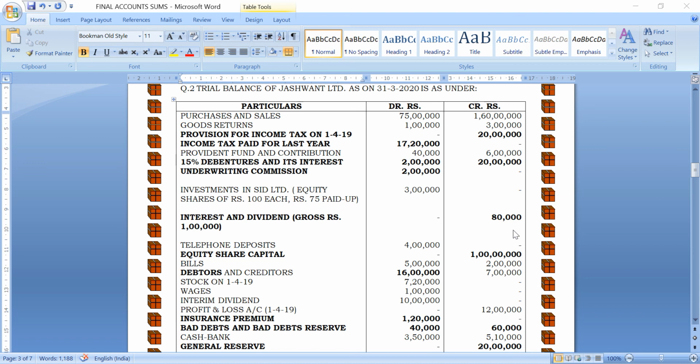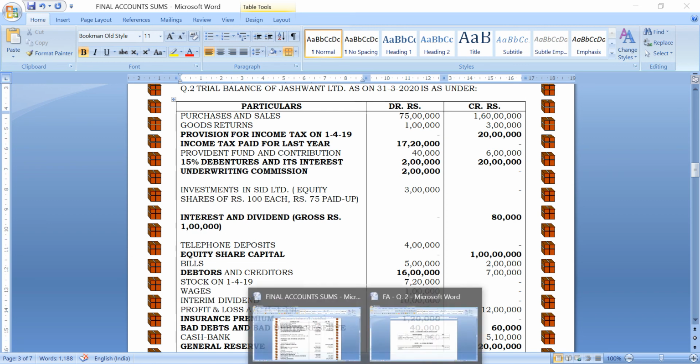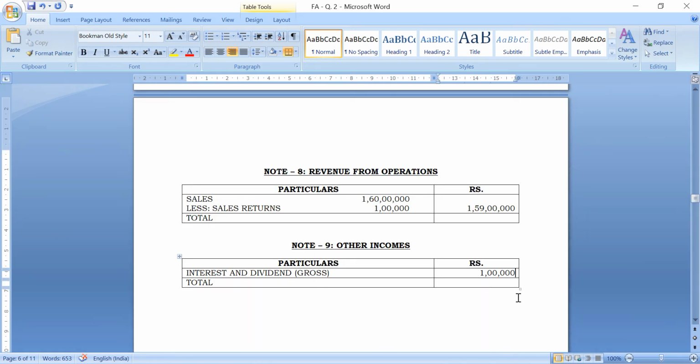kind of tax that we have paid on interest and dividend. The tax paid on this interest and dividend we have to place in 10G. The difference between 1 lakh and 80,000, you know that it is 20,000 tax paid, and that will be placed in note number 10G.